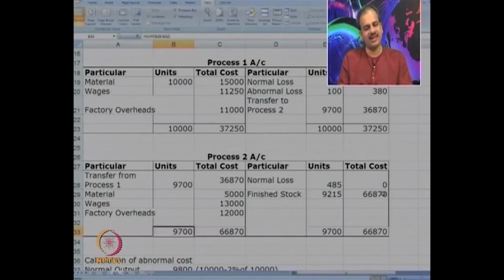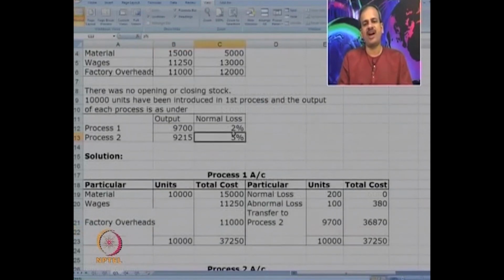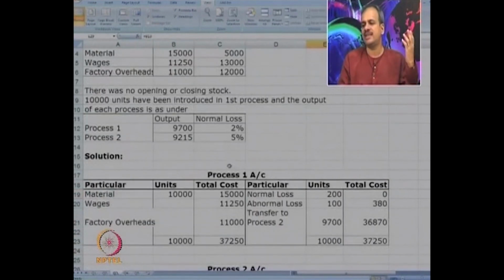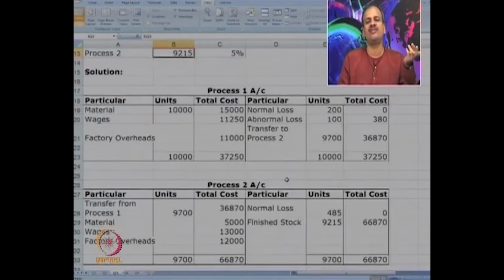Now go to the credit side. We had been given that 5% is a normal loss. So 5% of 9,700, which comes to 485, and 9,700 minus 485, we get finished stock output of 9,215. You can see the actual output is also 9,215.